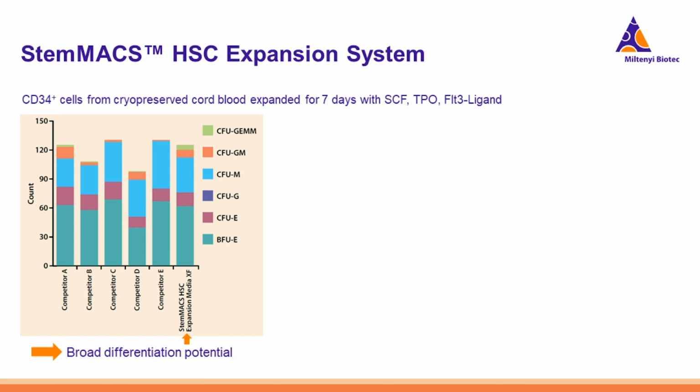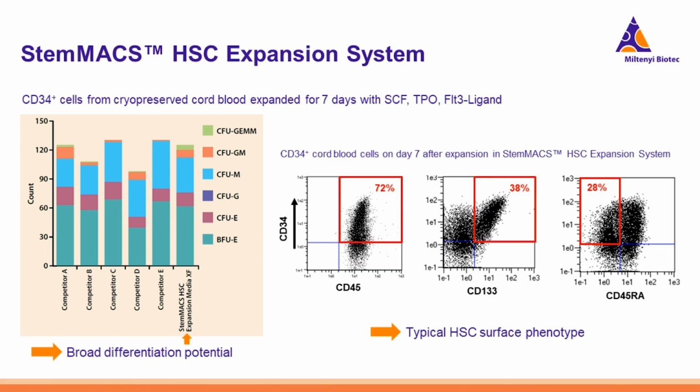The cord blood-derived CD34+ cells were also analyzed for the differentiation potential after 7 days of expansion. Cells cultured in the StemMax HSC expansion system maintain a broad hematopoietic differentiation potential, giving rise to all major colony types, including primitive CFU-GEMM.